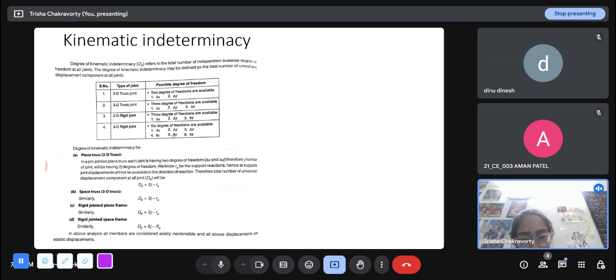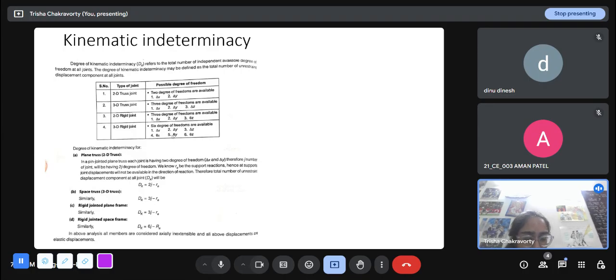And suppose there is a roller support at the right end, so that restrains the delta y at another joint. So my Re will be 3, and I have to subtract this Re from 2j. So 10 was the total number of nodes, so I was supposed to have 10 into 2, 20 degrees of freedom. Possible degrees of freedom are 20.